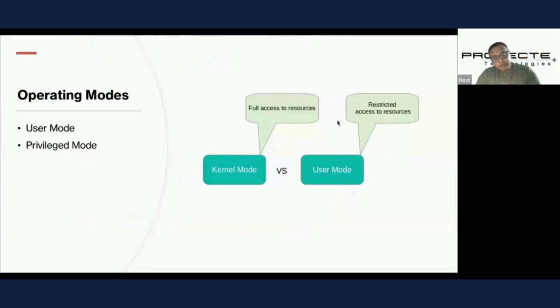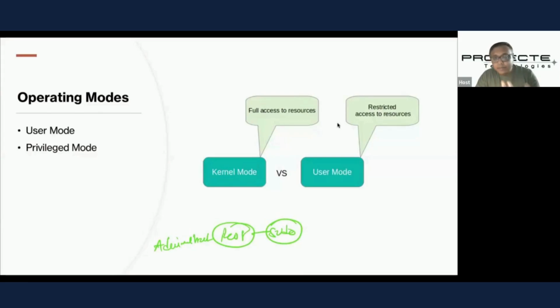Now, whenever operating systems execute, they have two modes. One is called the privileged mode or the root mode, and one is the user mode. The root mode is the administrator mode. Those who have worked with Linux know it as root, or the sudo access. The sudo access gives you additional privileges to install or work with the device, but you are still not able to change the kernel.